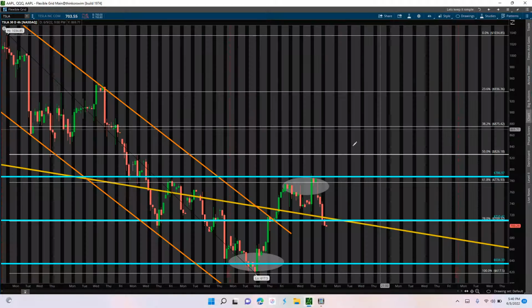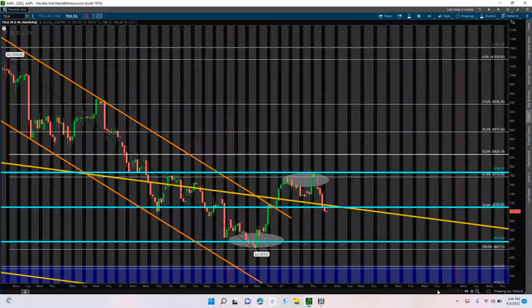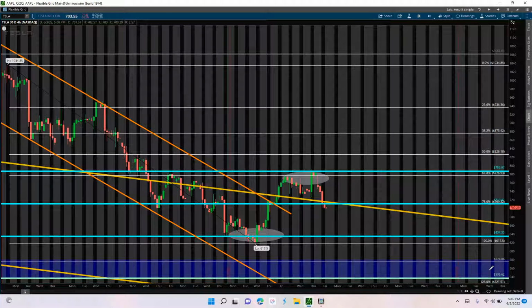This is the 4 hour. As long as Tesla stays below 709, we can see 634 and 617. Possibly drop and make a new low down here. That's for Tesla.